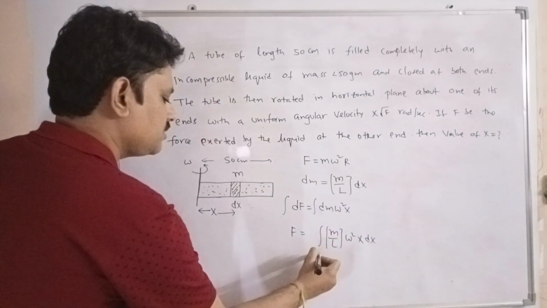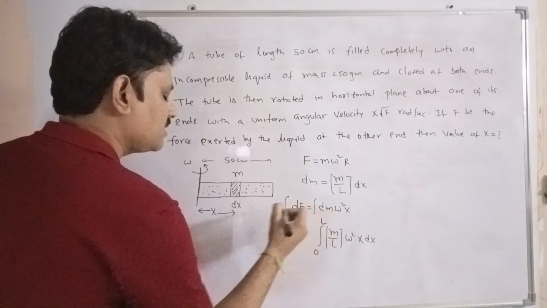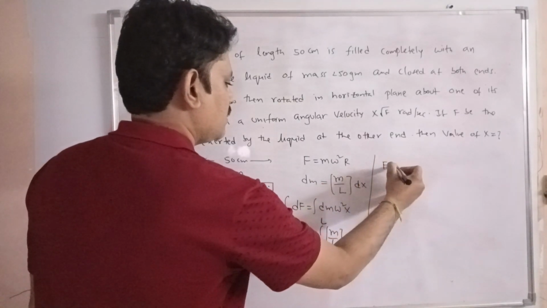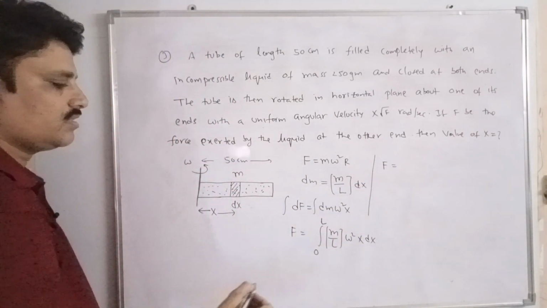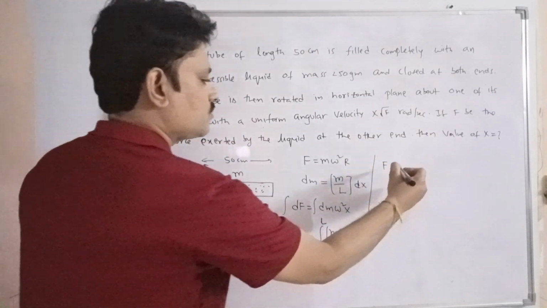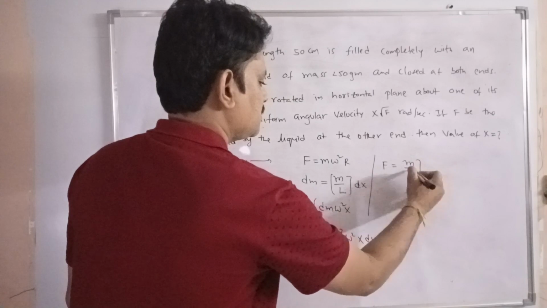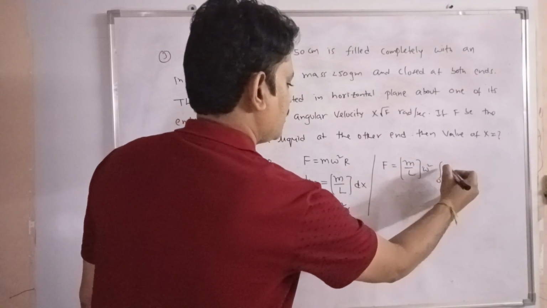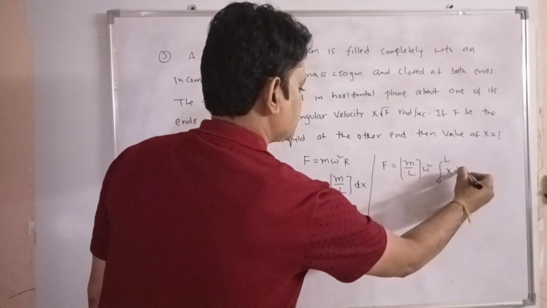Here the limits are 0 to l, the total length being l. So f is equal to m by l omega square, which are constant factors, and we take them out of the integration, leaving the integral from 0 to l of x dx.